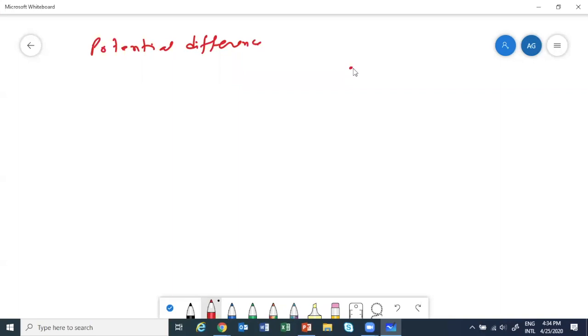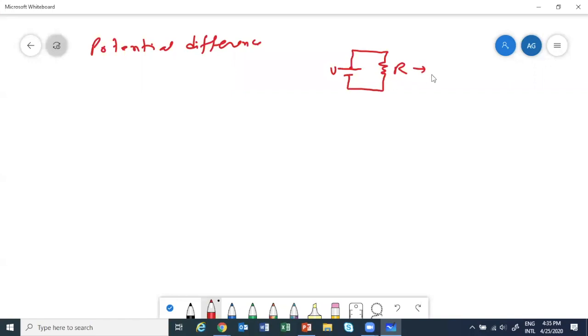If this is the circuit, this is the volt.